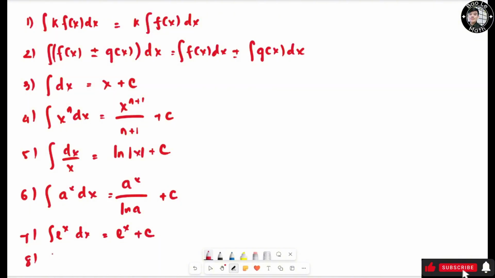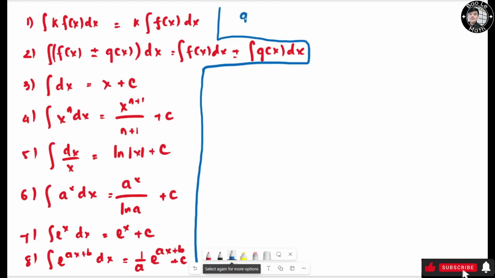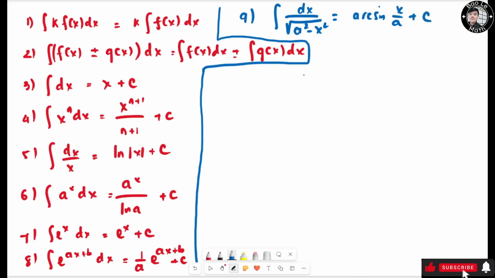Number 8. Antiderivative of e to the as plus b ds is going to be 1 over a e to the as plus b plus c. Number 9. Antiderivative of ds over square root of a square minus s square equals arcsine of s over a plus c.